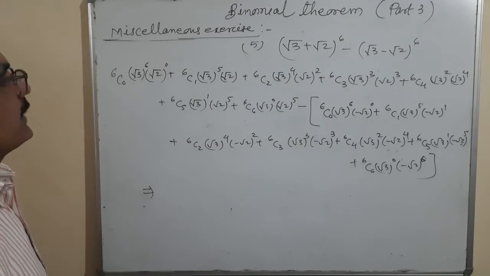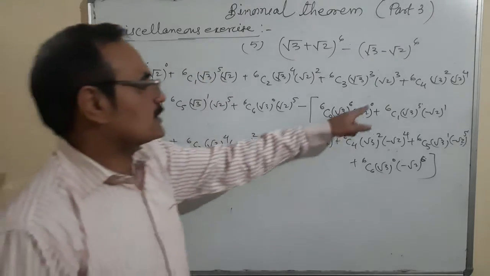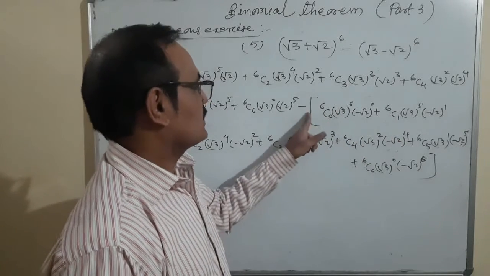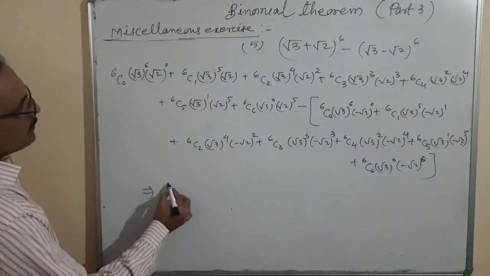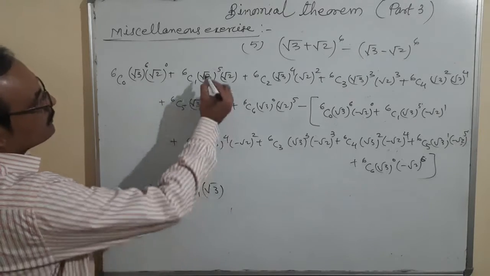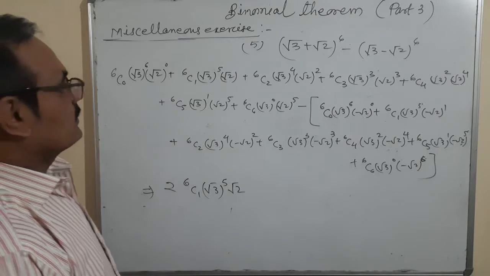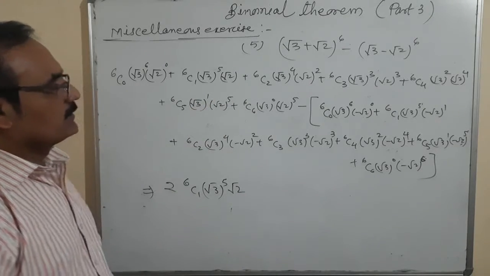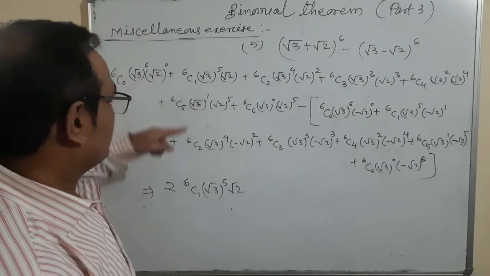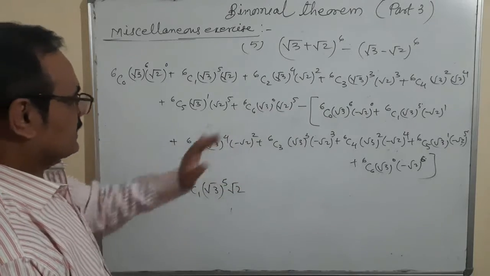Now let us see the second term. 6C1 (root 3)^5 root 2, 6C1 (root 3)^5, and this is minus. Minus minus is plus. So what should I write here? 2 6C1 (root 3)^5 root 2. Okay, that is one term. After that, 6C2 and here is 6C2, because the minus becomes plus, so finally it is minus and it is cancelled.